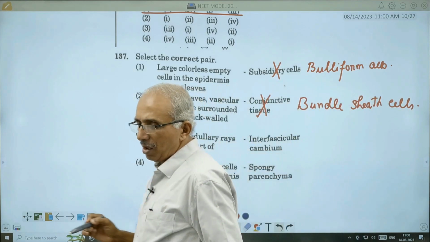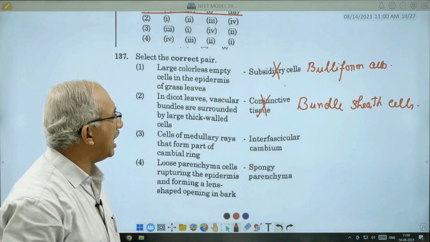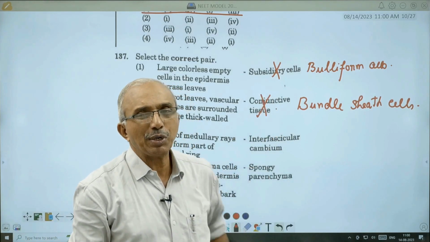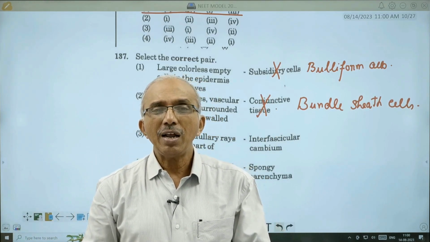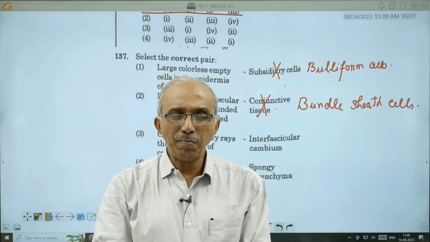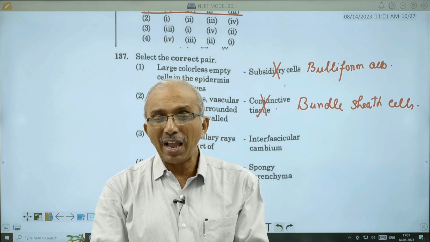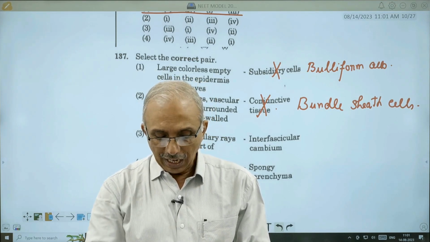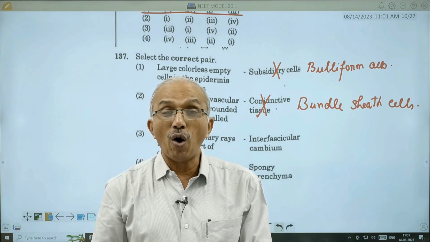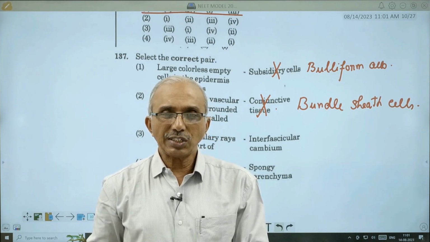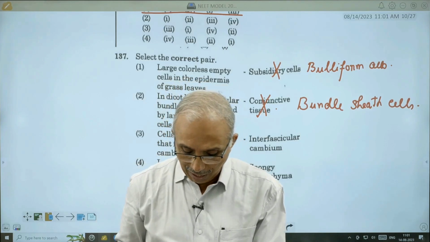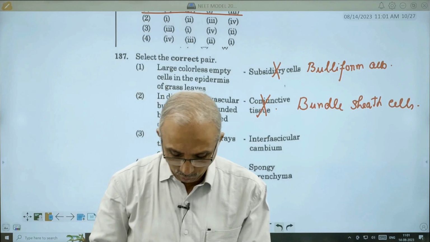Conjunctive tissue consists of parenchyma cells present in between xylem and phloem of root.